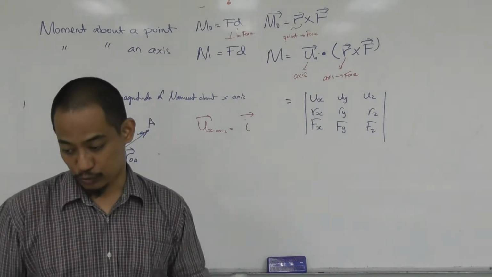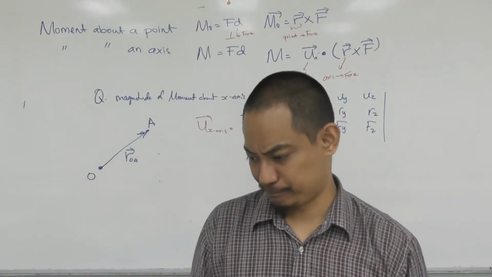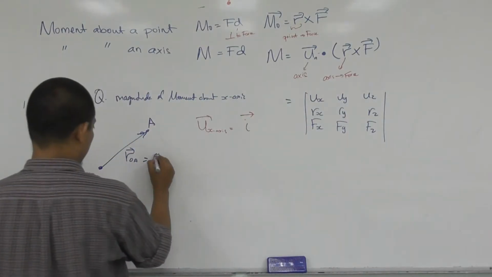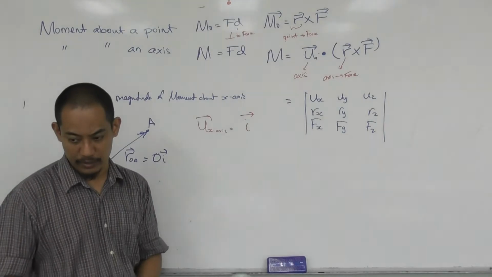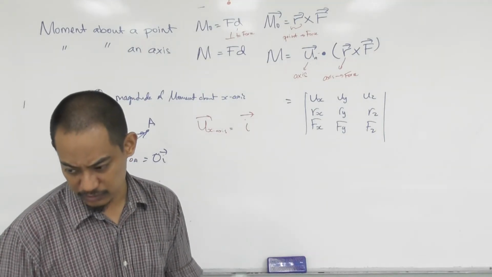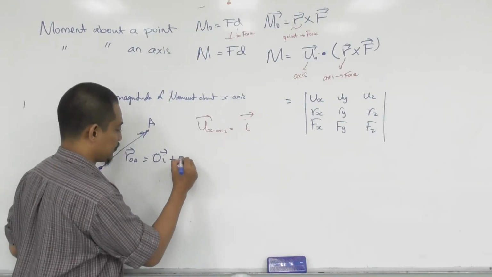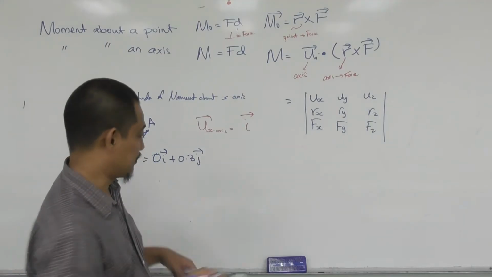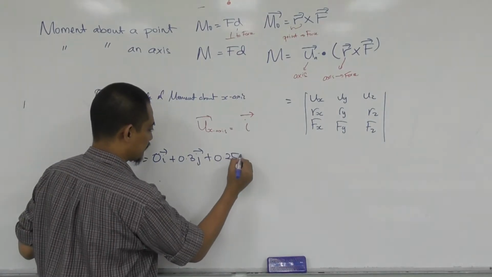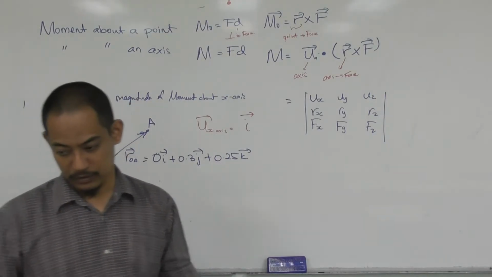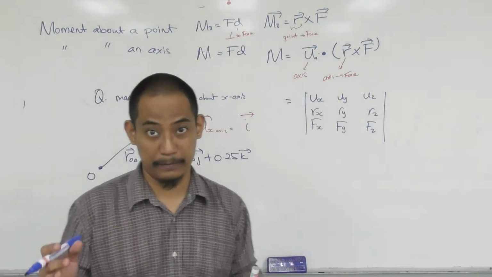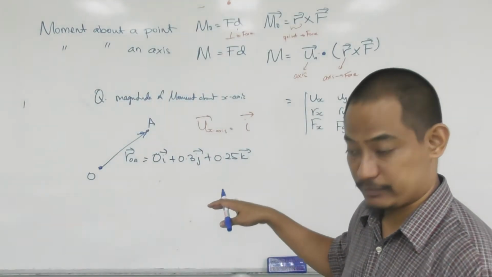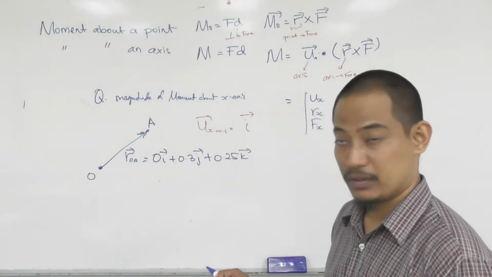So what will be rOA? The x is 0, so 0i, plus 0.3j, plus 0.25k. So that's rOA, right? So you have 0, 0.3, 0.25. And then what is F?